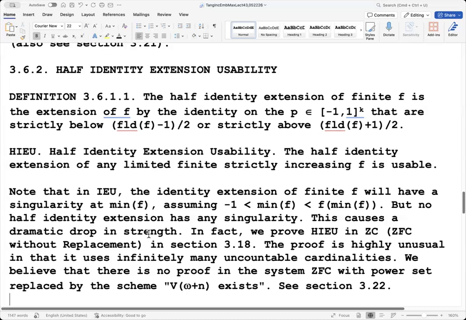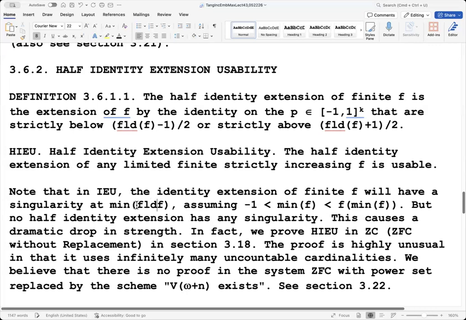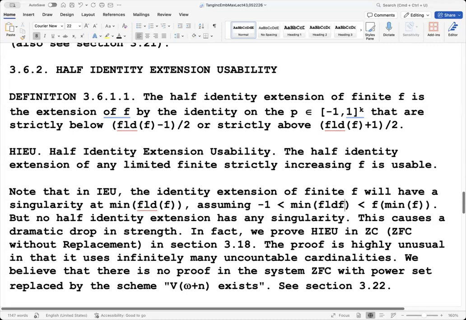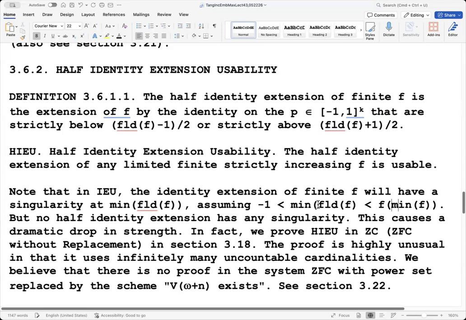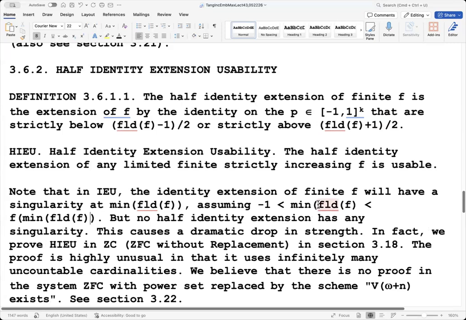Okay, now here's the point. Singularities. Notice that in IEU, the identity extension of finite F will have a singularity at min of the field of F, assuming the min of the field of F is less than F of the min of the field of F. Okay, there's a singularity, right?